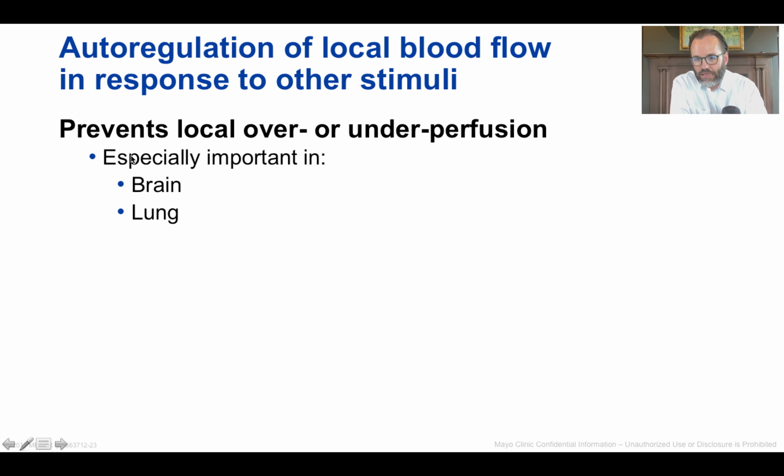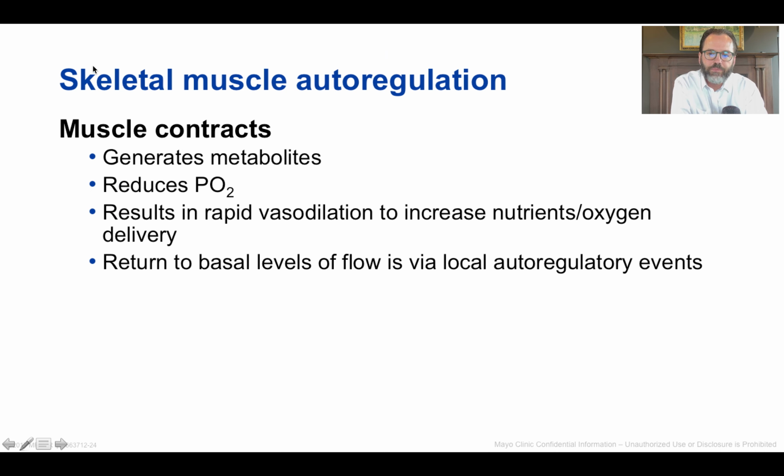Again, as I just mentioned, the two major areas in which this is particularly important are the brain and the lung. In the brain, you want to not over- or under-perfuse. In the lung, you want to direct blood flow to regions that are well oxygenated and ensure that gas exchange occurs efficiently. Finally, when we're looking at skeletal muscle autoregulation, when muscle contracts, you have generation of metabolites.